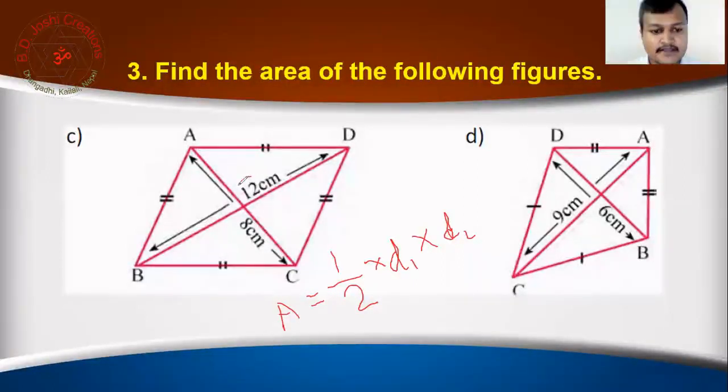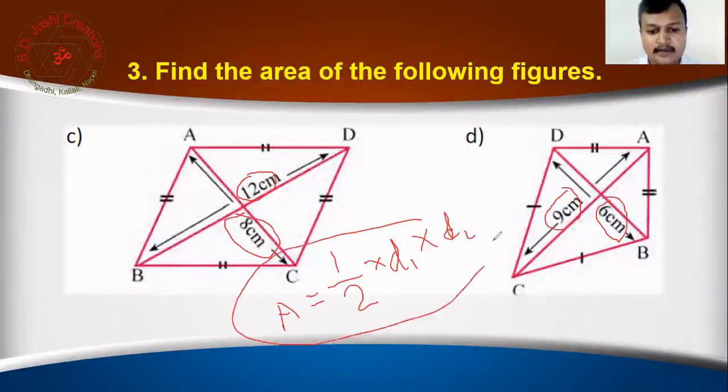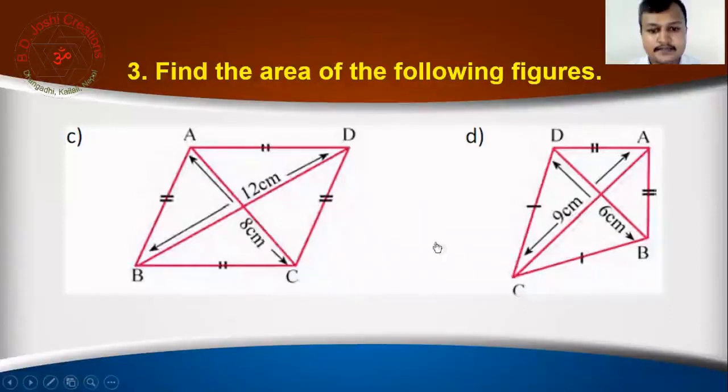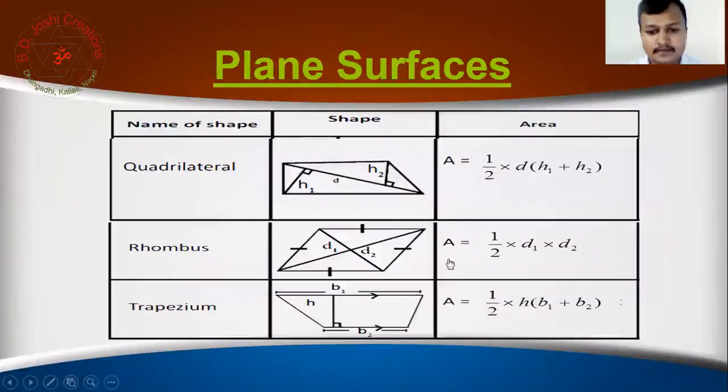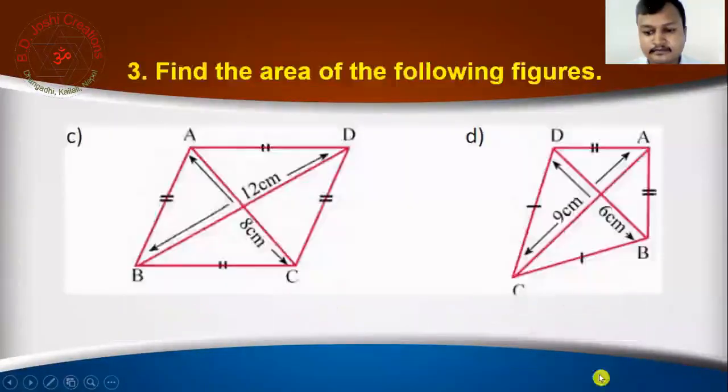For rhombus, d1 is 12, then d2 will be 8 centimeter. For kite, if d1 is 9, d2 will be 6 centimeter. So the same formula we have to use for both. These are very simple questions. Just this one we have to use. Area of rhombus is equal to 1/2 d1 into d2. For kite also we'll use the same formula.